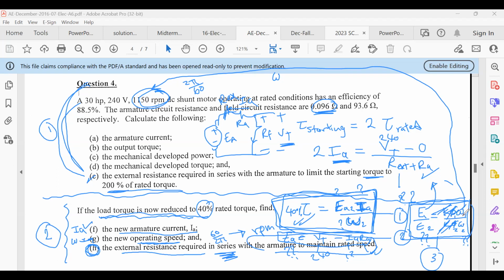If you have the same phi and the same speed omega, it means E1 and E2 should be equal. If you want the same speed, it means you have the same E. Flux is constant, K is constant, so same speed means same EMF or E.